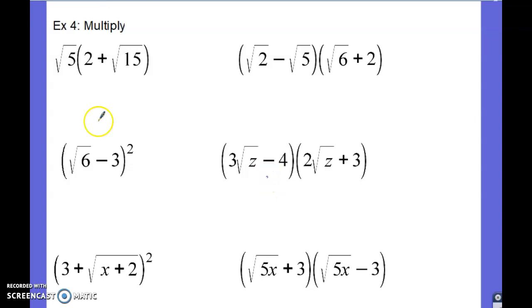A little bit tricky. I don't know how tricky it is because you know to distribute and then simplify. Now make sure that you're only multiplying radicals with radicals. For instance, I've seen students write this as the square root of 10, but that's wrong because the 2 is not the square root. We're looking at 2 root 5. And now it is okay to do root 5 times root 15, which is root 75.